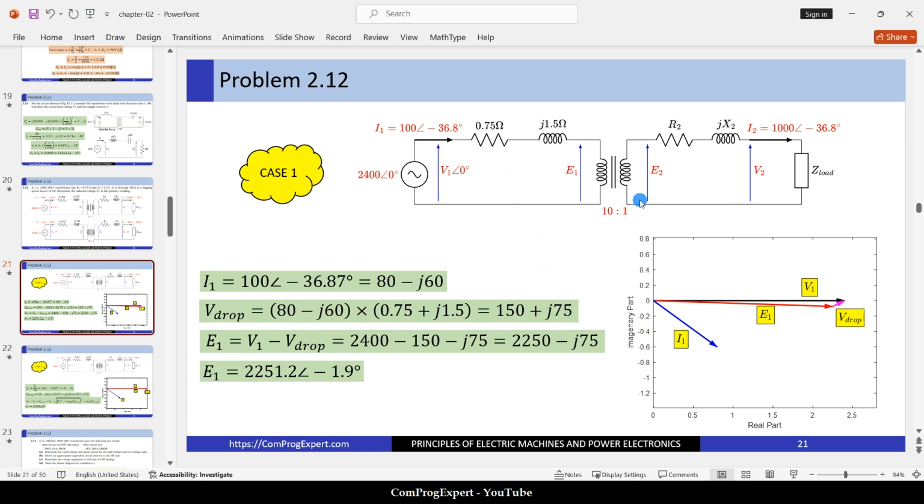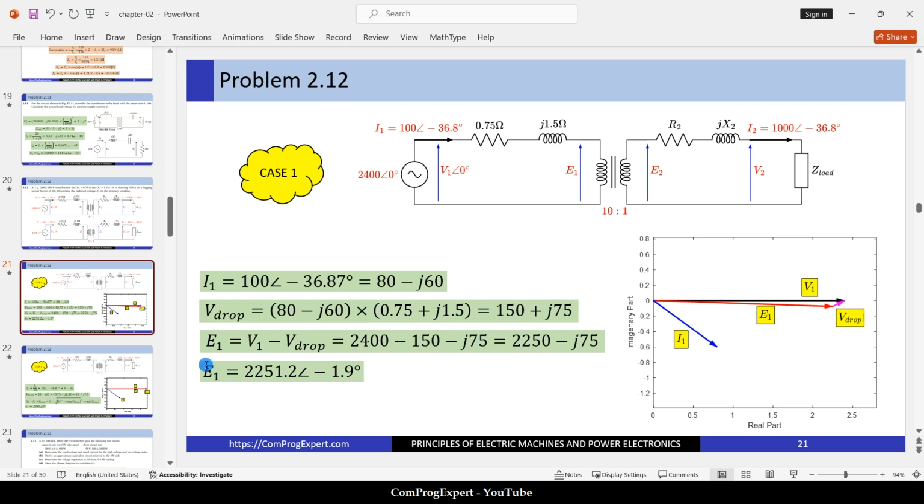In this equivalent circuit of the transformer, the magnetizing branch is neglected. We don't have a magnetizing branch here. So the value of E1 will be equal to V1 minus the voltage drop. That is equal to this one.